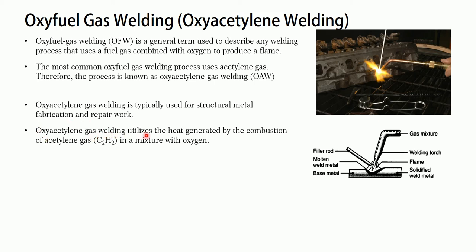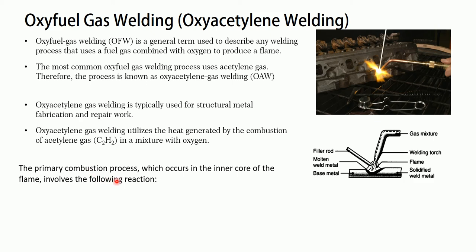Oxyacetylene gas welding utilizes the heat generated by the combustion of acetylene gas. The chemical formula for acetylene is C2H2, in a mixture with oxygen. The primary combustion process, which occurs in the inner core of the flame, involves the reactions given below. The first reaction is called the primary reaction.